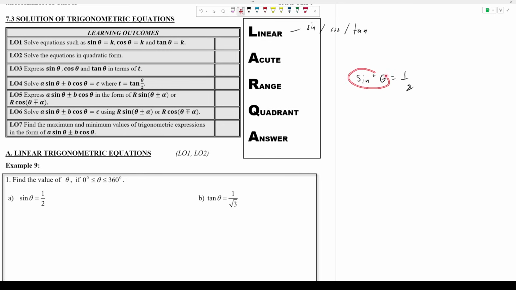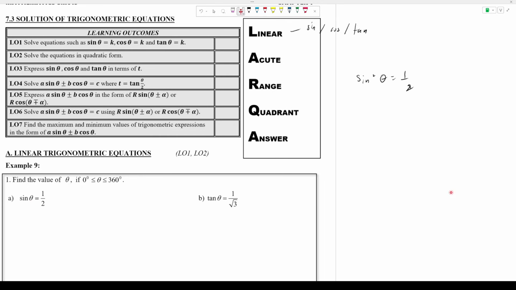Sine squared is not linear. It cannot be sine squared, cannot be tan h, and so on. So for sine theta equals 1 over 2, it's already in linear form, because it's sine only.